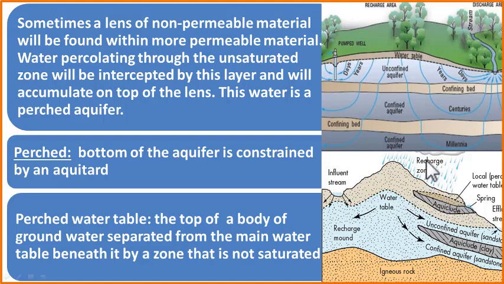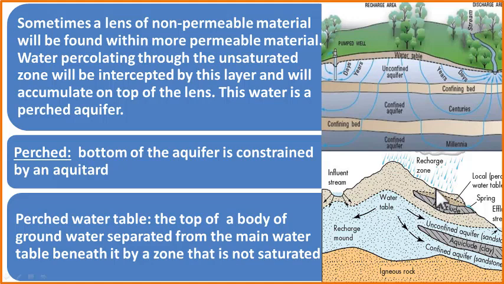Whenever there is rainfall, the downward movement of water will continue until it reaches the regional groundwater table. But when we have some impervious layer within this soil zone, then this meteoric water will saturate only this much amount of sediment.